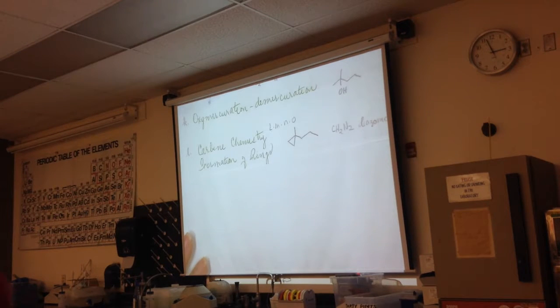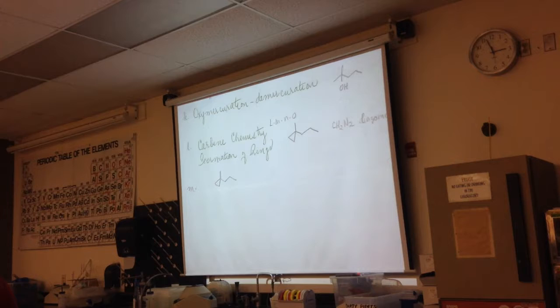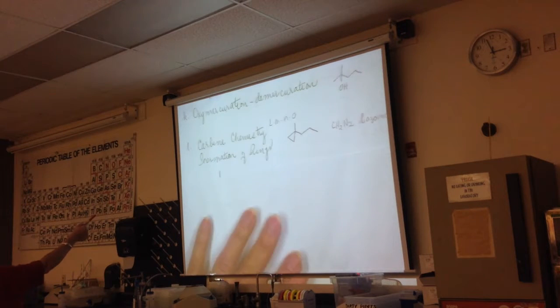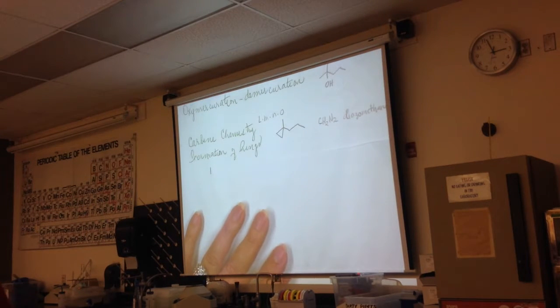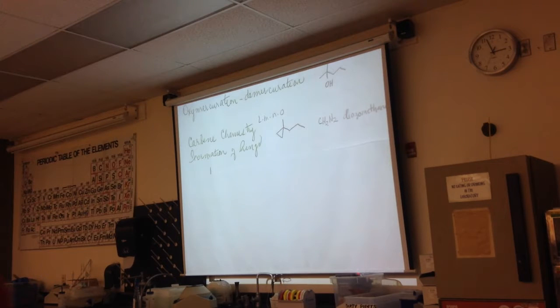Formation of the ring. The best one is diazomethane. So for letter L, that is the best. Diazomethane, that will be the product. Does everybody see how I did it? From the double bond, you use the double bond, and there's your little triangle. Does it matter if you draw the triangle? No, you can draw the triangle up or down.